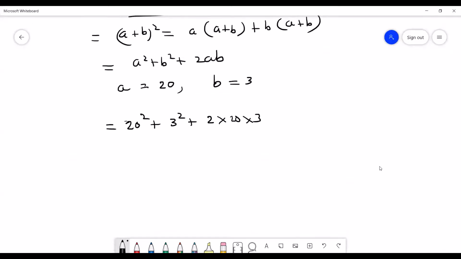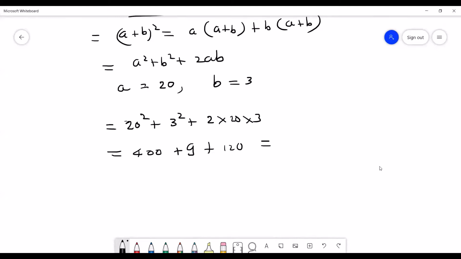Are we getting the same? 400 plus 9 plus 2 into 20 into 3, that is 120.